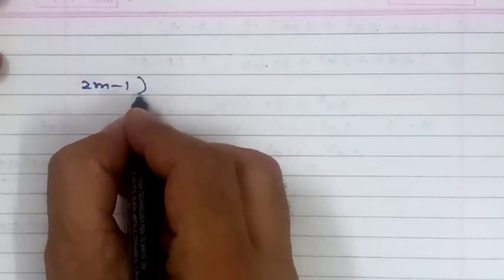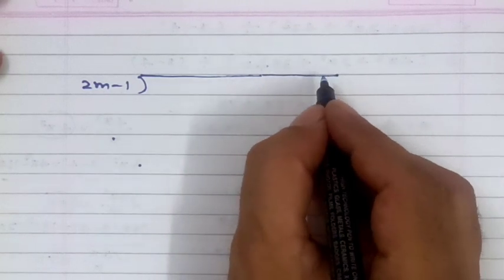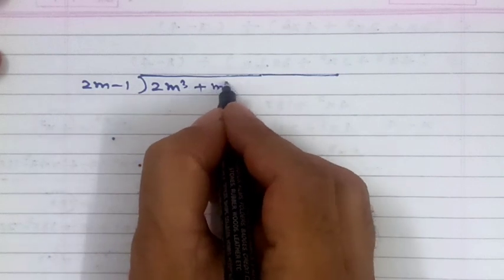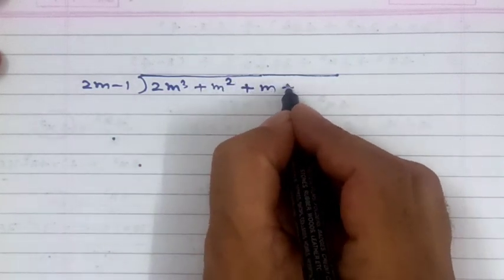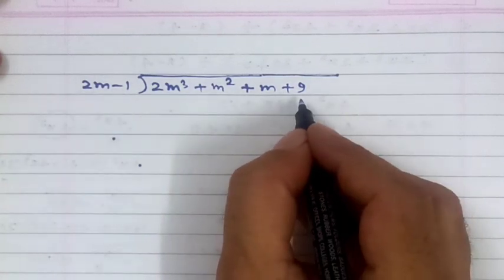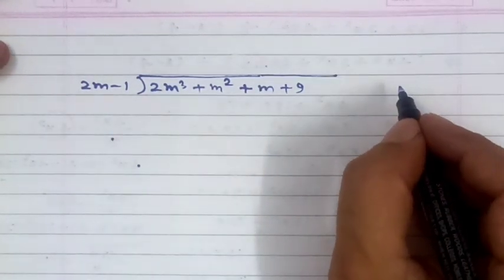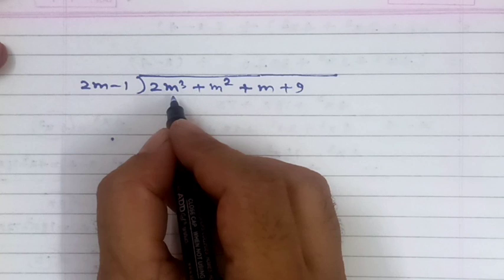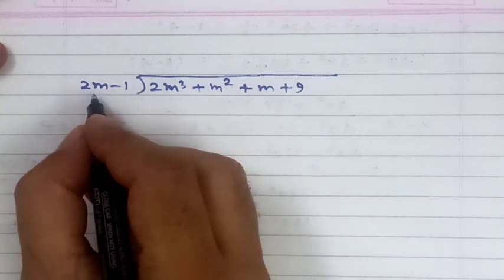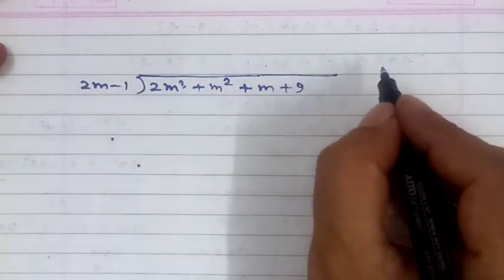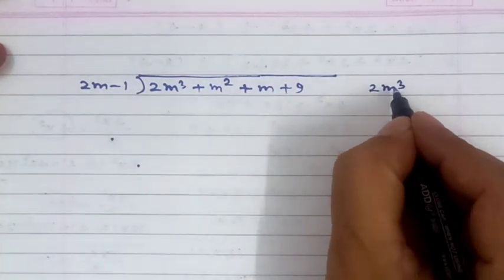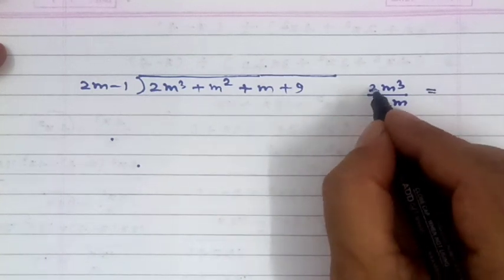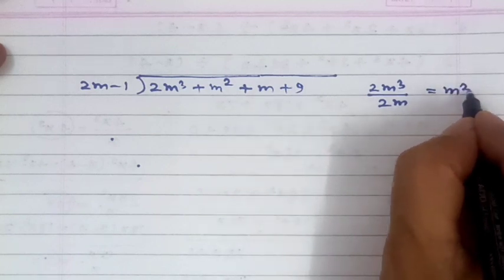Write 2m minus 1 divisor outside and inside 2m cube plus m square plus m plus 9, which is your dividend. Let's start the first part of the method. Here 2m cube is the first term of the dividend, whereas 2m is the first term of the divisor, so you will write 2m cube upon 2m and divide. 2 and 2 cancel, m cube upon m gives you m square.